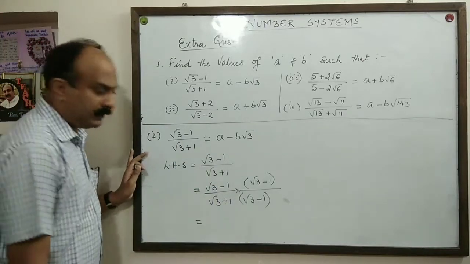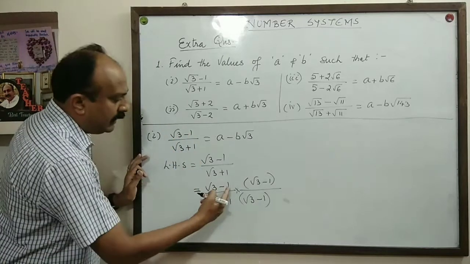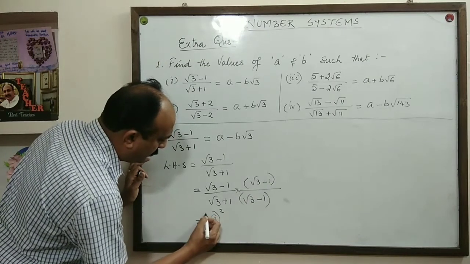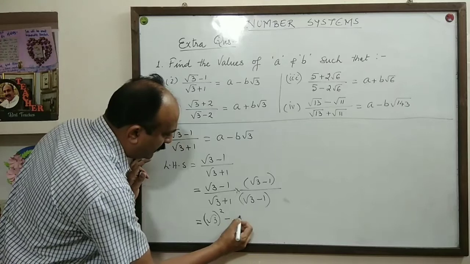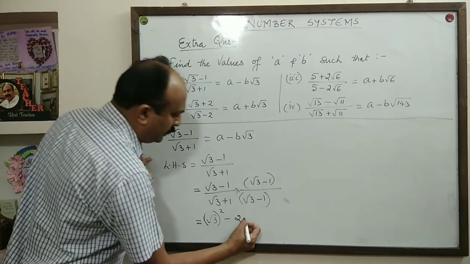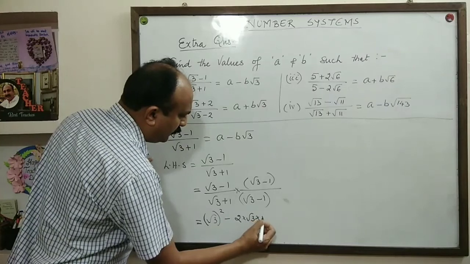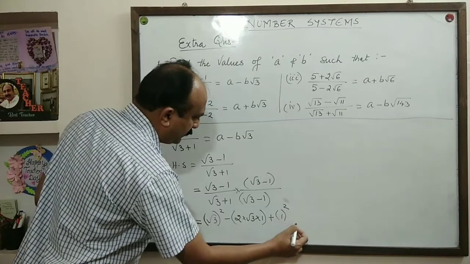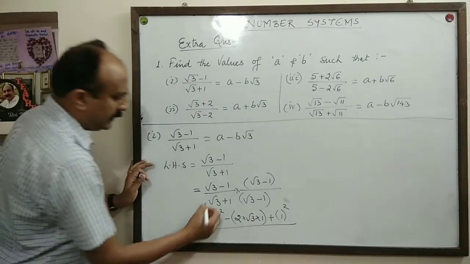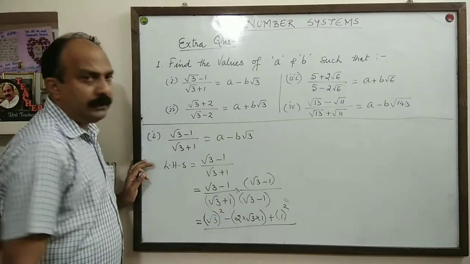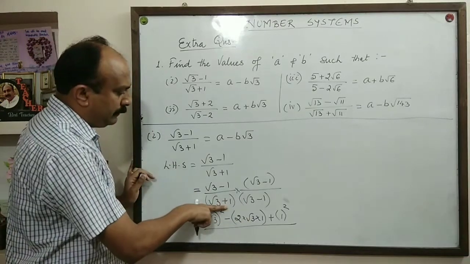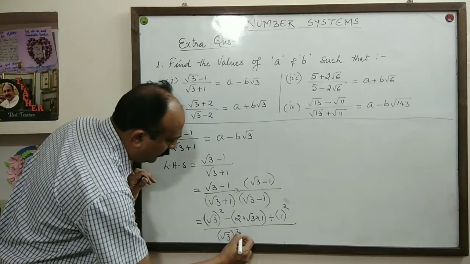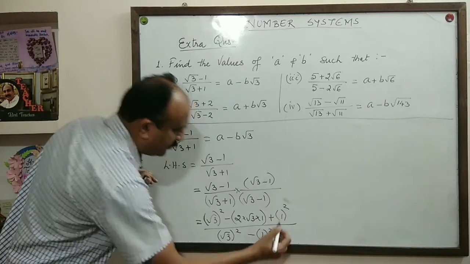Root 3 minus 1 into root 3 minus 1, I am using the identity a minus b into a minus b is a square, that is root 3 the whole square, minus 2ab, 2 into root 3 into 1, plus b square, that is 1 square, upon, here the denominator will always be in the form of a plus b into a minus b equal to a square minus b square, root 3 the whole square minus 1 the whole square.